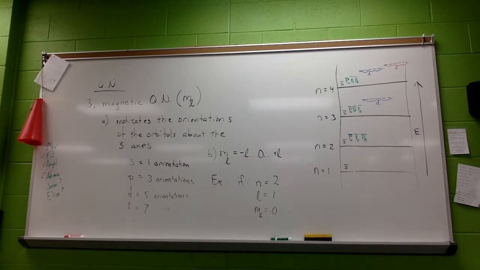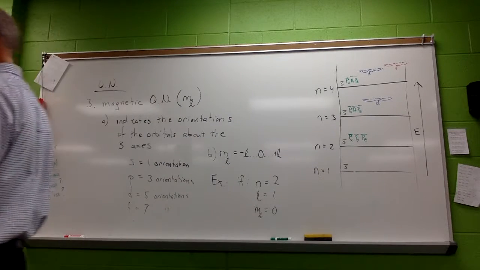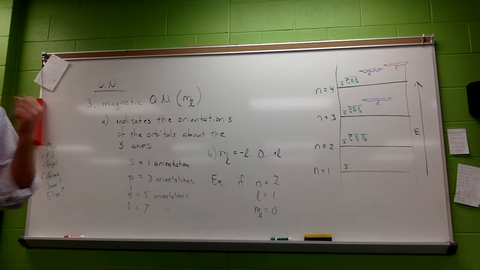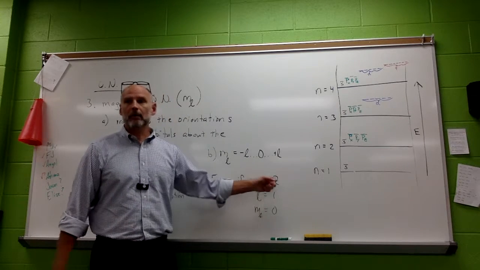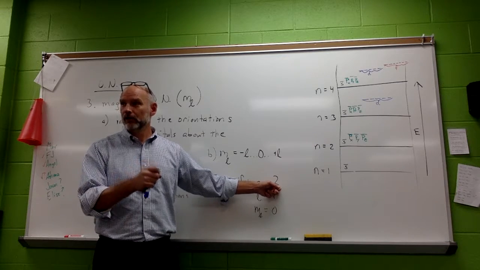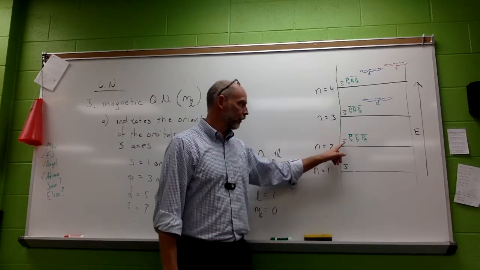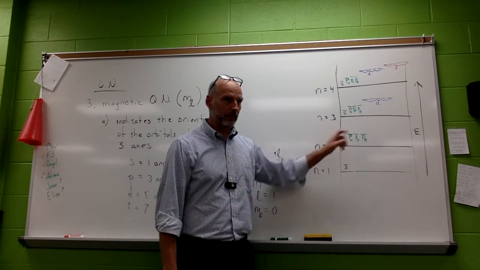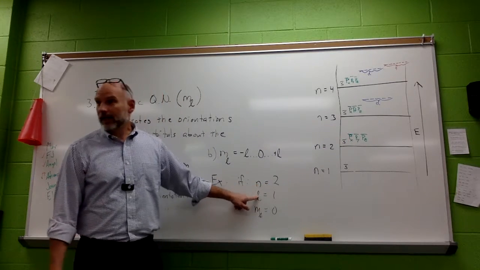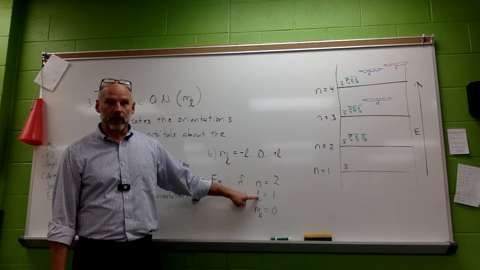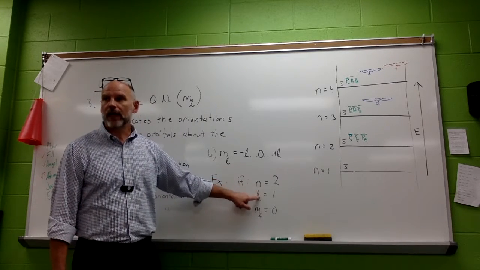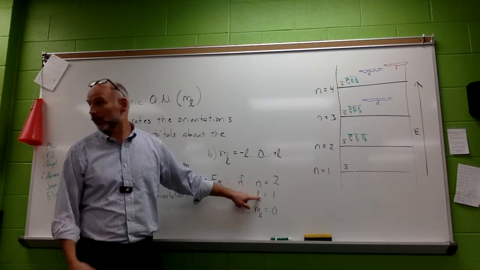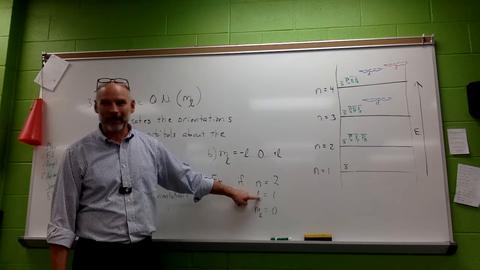I just got done showing you that an L of 0 represents an s orbital shape, and an L of 1 represents a p orbital shape, right? So if n equals 2, my possible values for L are 0 and 1, or in other words, s and p. I'm designating which one. So what shape orbital is this electron? Well, it's at the second energy level, and it's in a p orbital. L equals 1. That's a p orbital.